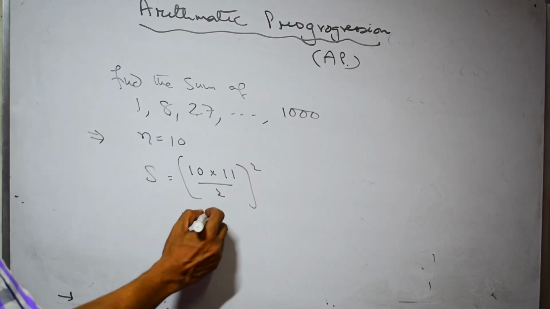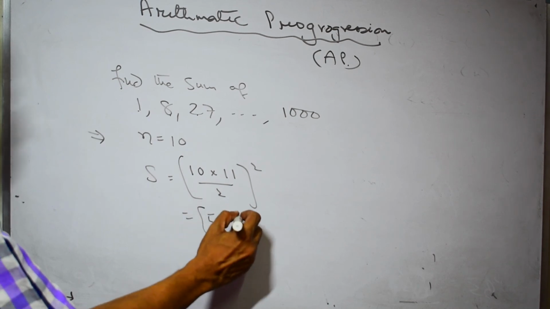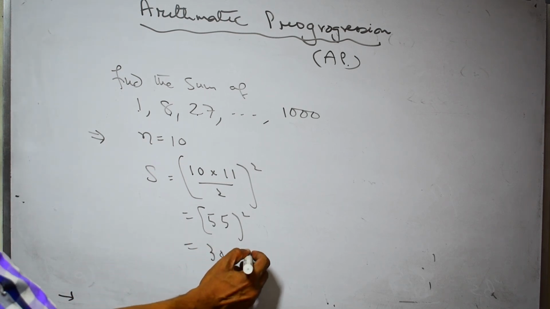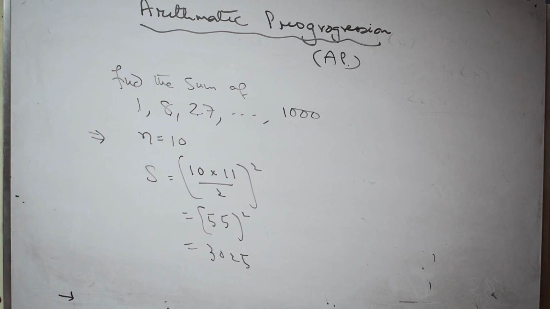So it is 55 whole square, because 10 by 2 is 5, and 5 into 11 is 55. So our answer will be 55 whole square, and that is 3025. So this type of question can be answered with AP. This is a very important type of application of AP. So this is all about AP, what we need to learn as basic knowledge.